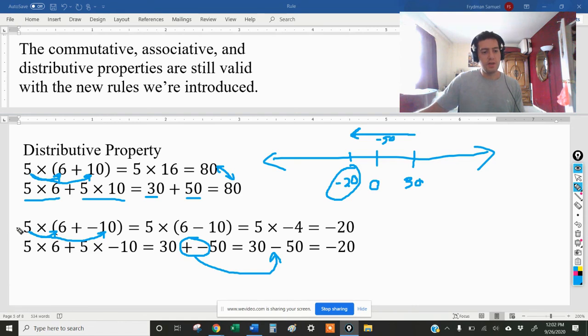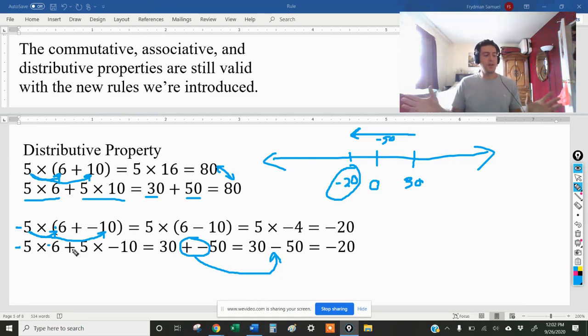You could try doing it by making these 5s both negatives. You could try doing it by making both of these 6s negatives. You could do some more examples by yourself if you want. And you should be able to see that the distributive property always works no matter how many negative numbers we throw in there.